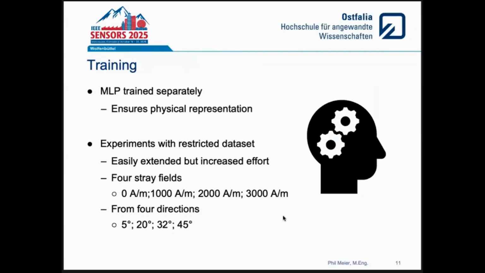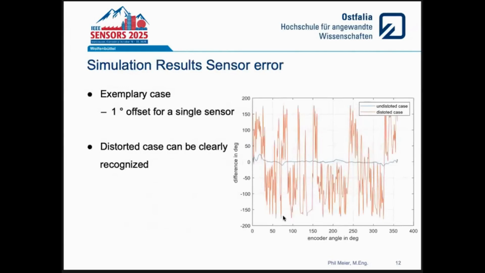For the experiment shown here, we used a restricted training data set with 4 stray field magnitudes between 0 and 3,000 amps per meter from 4 different directions, all in the first plane. Here we compare the difference for one single sensor with the undistorted case.